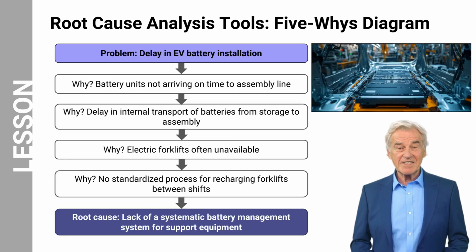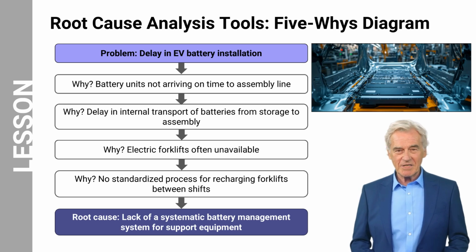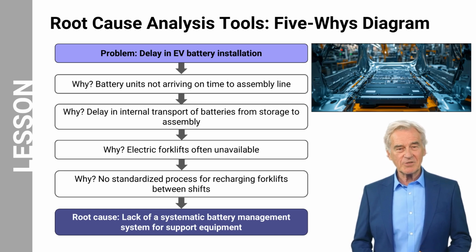Let us examine an example of a 5 whys analysis in a battery electric vehicle factory. The problem is a delay in EV battery installation on the assembly line. By repeatedly asking why, we uncover that batteries aren't arriving on time due to delays in internal transport. This is caused by electric forklifts being unavailable, which stems from them frequently being out of charge.